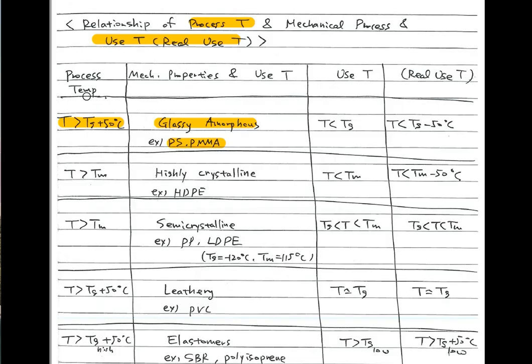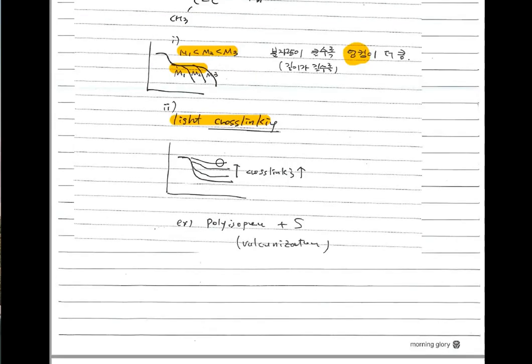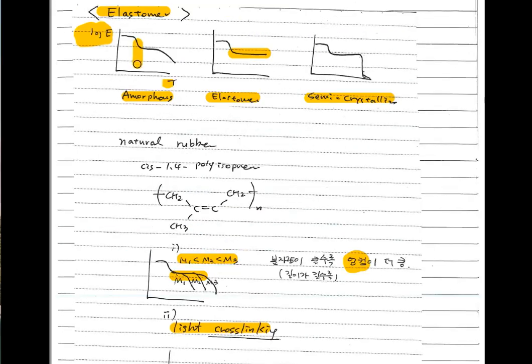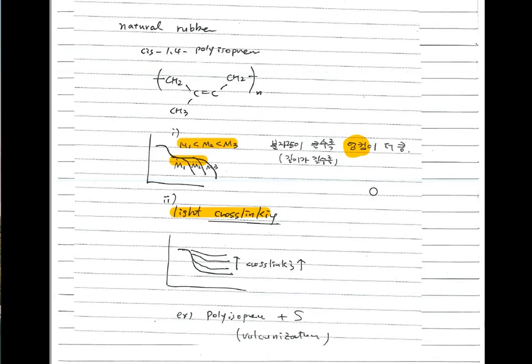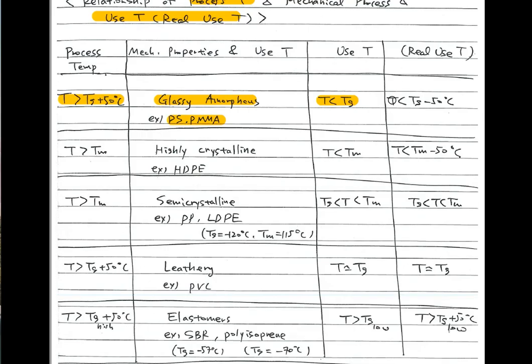So we process them at higher temperature, and if you want to use these polymers as glassy, hard materials, you have to use them below Tg, because below Tg polymers are in the glassy state. But the real use temperature is a little lower than that. If it's too close to Tg, it will have some flexibility, like leathery properties.